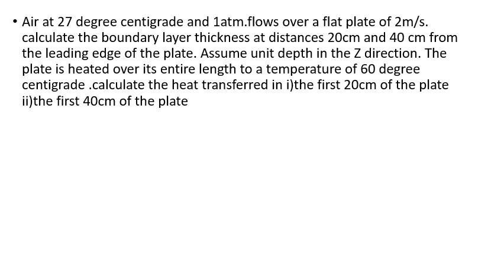So the given thing over here is the air at 27 degrees centigrade. That is T infinity or T surrounding is 27 degrees centigrade, and the temperature of the surface is 60 degrees centigrade, and velocity, at one atmosphere, is given to be 2 meter per second.